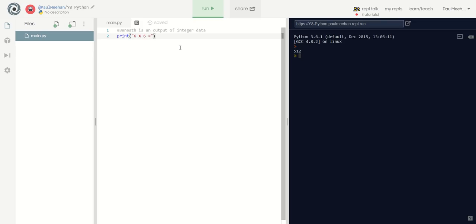However, if we put a comma after it, like we did with the strings in the previous video, and we write 6 multiplied by 6, we now have the 6 times 6 equals bit here, and then we have 36, which is from the result of these two. So it's displaying the result of these two, but before that it's also displaying a string of textual and numeric characters to explain what the 36 actually is to do with.